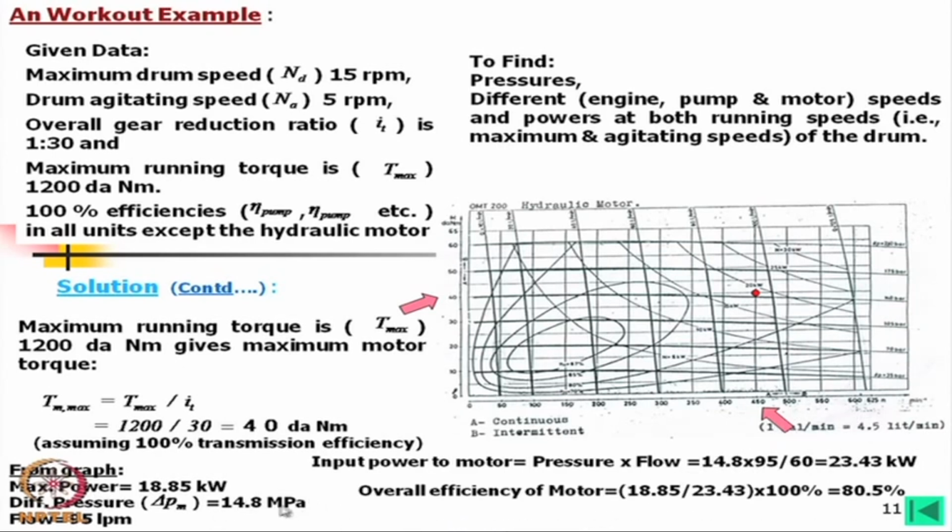Then from the chart we find the output of this motor is 14.8, which can be found directly from 450 rpm times the available torque. Available speed and available torque give us this power. So definitely there is a matter of overall efficiency. The efficiency we calculate is 80.5. Now, if we look at the iso-efficiency lines, this is 80% and this is 85%.